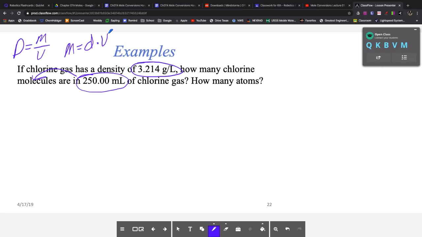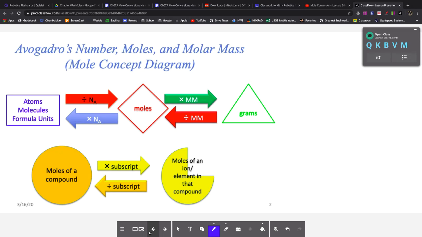And if we remember back on our little chart, remember that grams is mass. So they don't give us anything from our chart, but they give us a way to calculate grams. So that's what we're going to have to do.